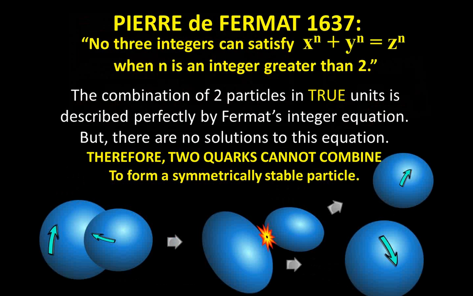In 1637, Pierre de Fermat, a French barrister, an outstanding mathematician in his spare time, stated what became known as Fermat's last theorem.